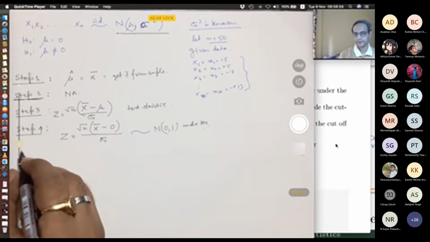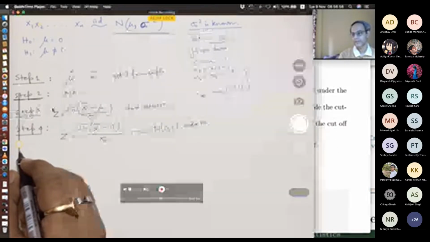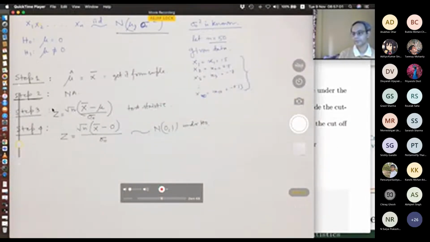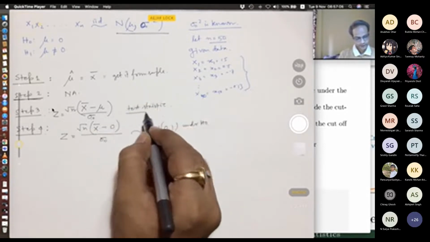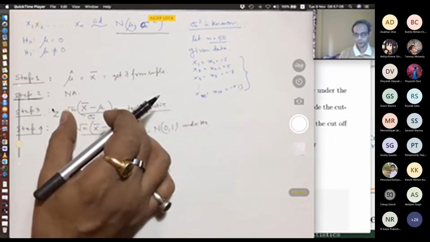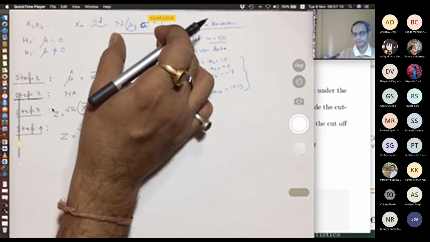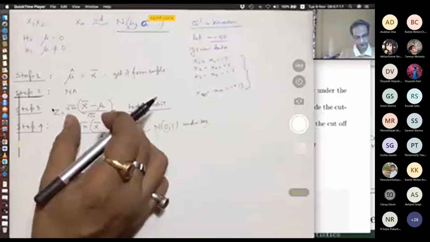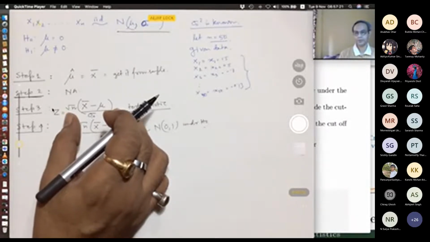Now, Sir, what is step 5? Excuse me, sir. Yes, please. So Z will follow normal 0, 1 irrespective of mu, right? That is how we construct it. Yes, so in general, this is true when your data are assumed to come from any normal mu, sigma square. So in general, if you have this transformation, it is supposed to follow normal 0, 1.